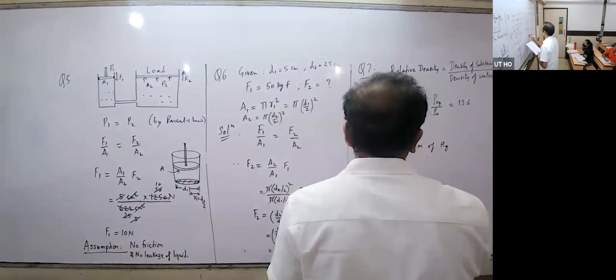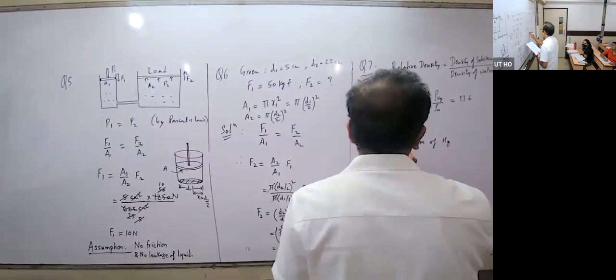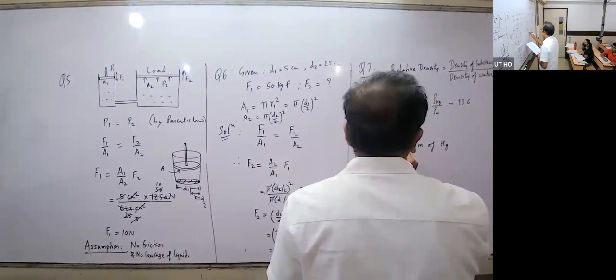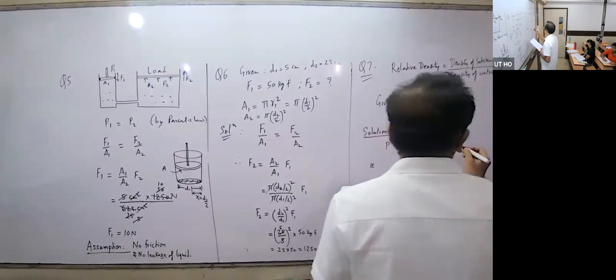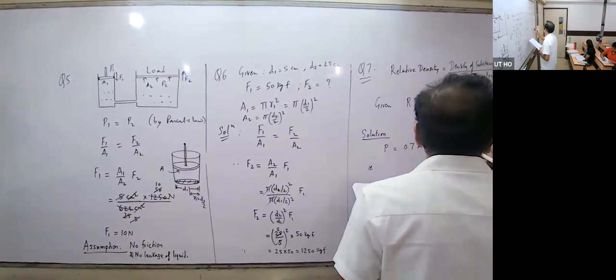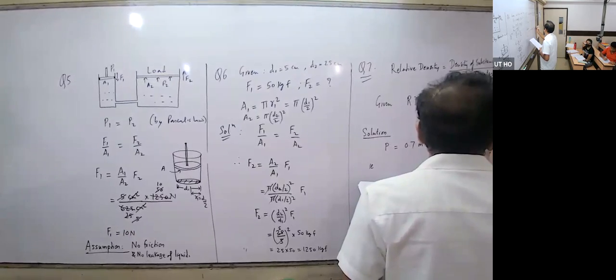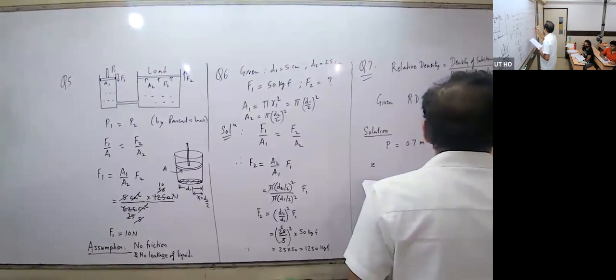So this is P Hg. P is the same in both cases. And this must be equal to H water, rho water, and g.